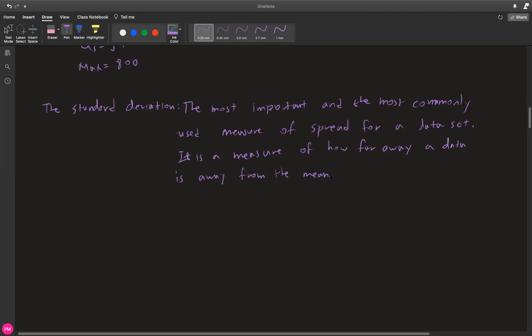So I think going over how to find the standard deviation is the first thing to do.